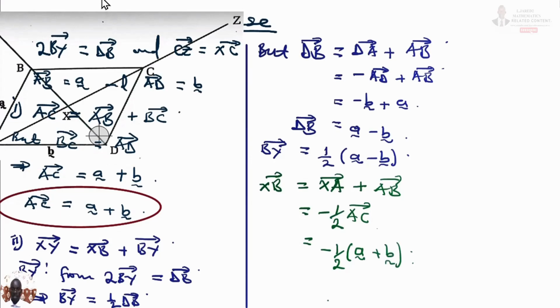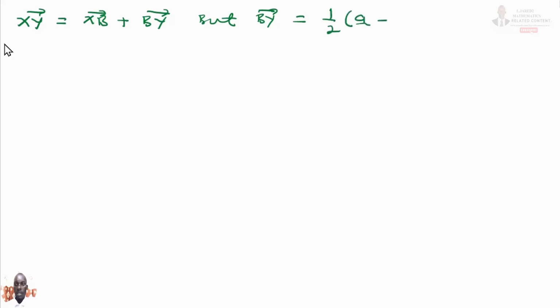So now we have got vector XB and vector BY. We can go ahead and get vector XY. So as we proceed, we assign that vector XY is equal to the vector XB plus the vector BY. But vector BY, we have got it. It is a half (a minus b).